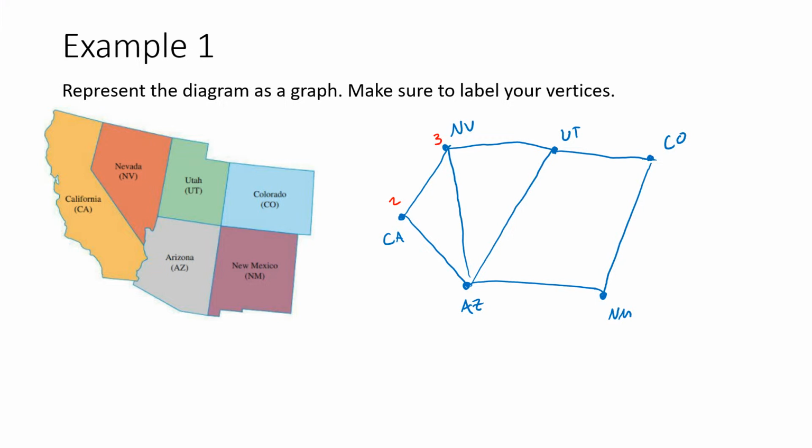Very good. How about Arizona? 4. How about Utah? 3. Colorado? 2. New Mexico? 2. Good. Believe it or not, the degrees come into play way more than you'd think. They're actually super important, okay? You'll see that tomorrow.